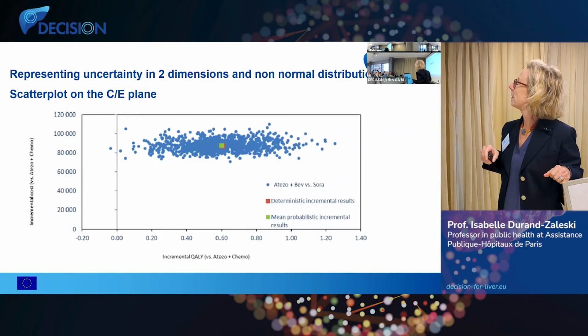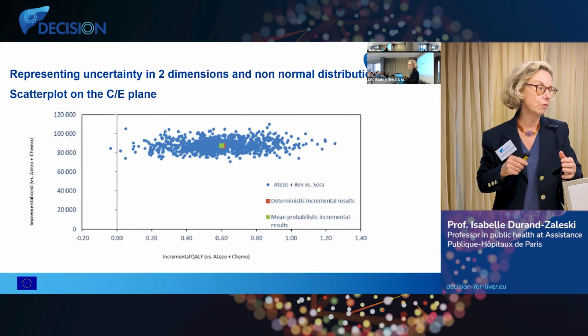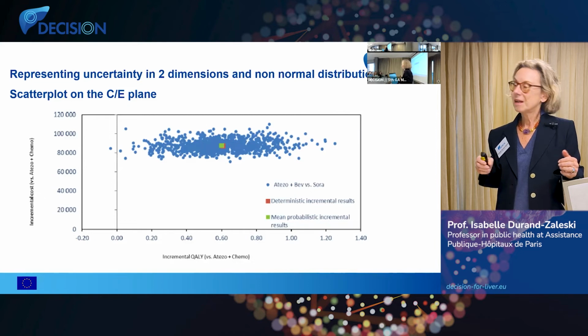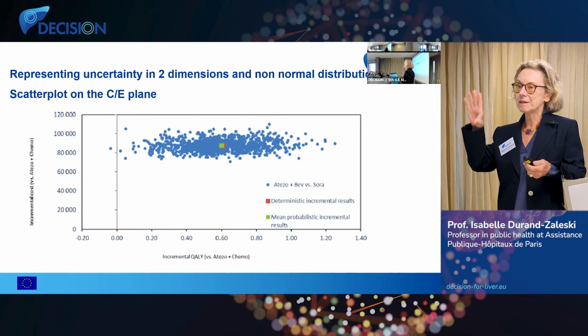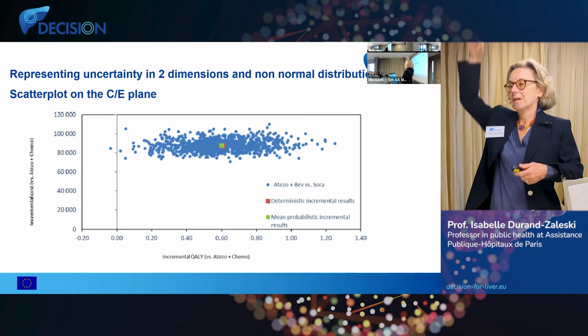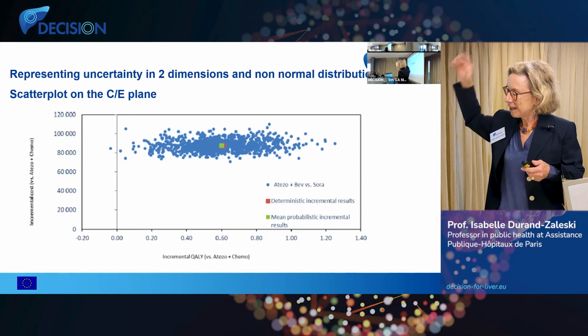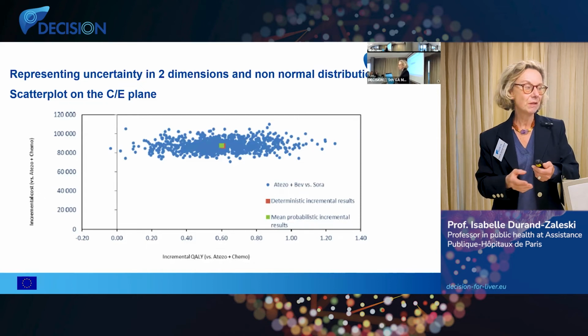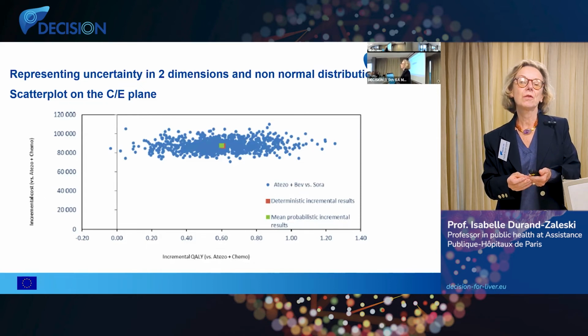Quite commonly now with the new drugs, which tend to be highly expensive, there is very limited uncertainty on the cost. And so you can see that my scatterplot is not very tall, but it's very fat, because there is a lot of uncertainty on benefit, on QALYs.